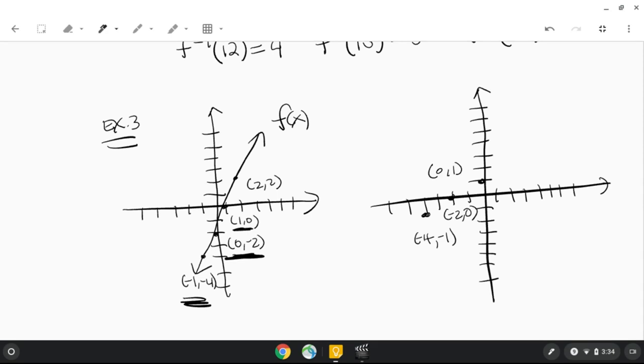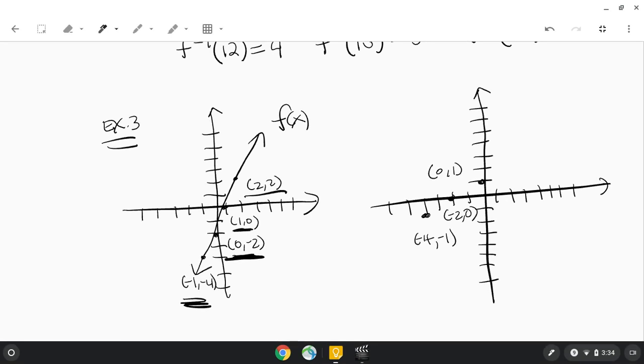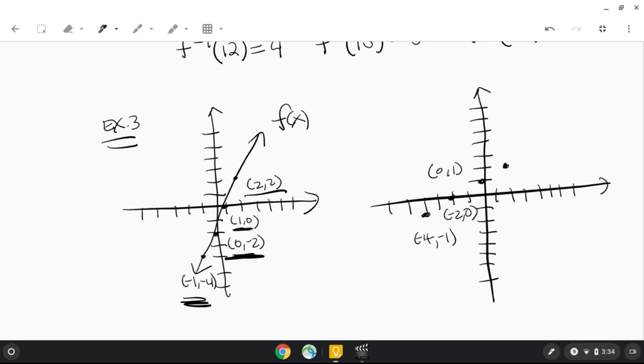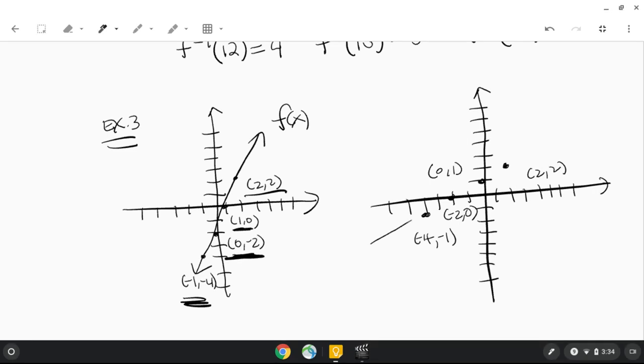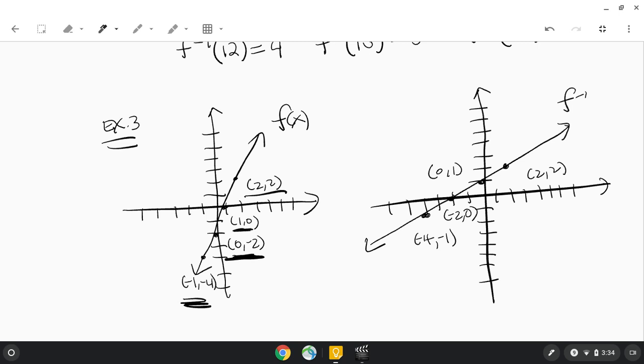And then here we have 2, 2. And if we switch that around, we will still get 2, 2. So we end up with this line for the inverse graph.